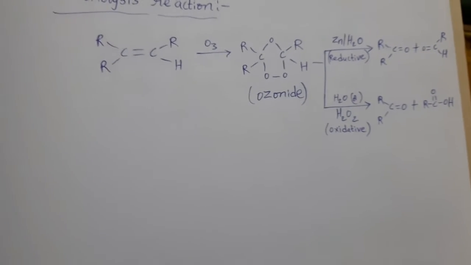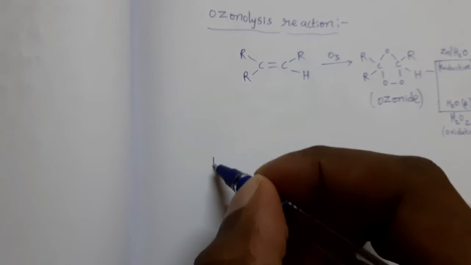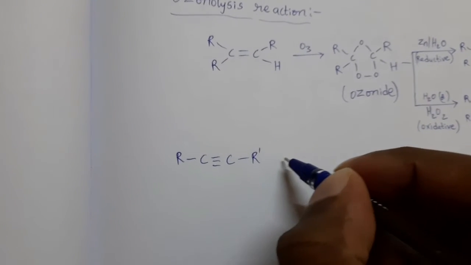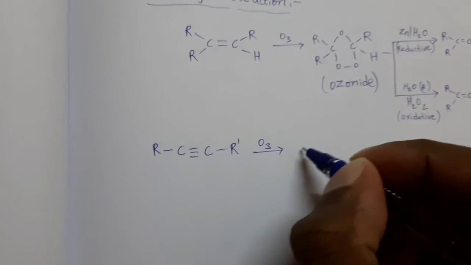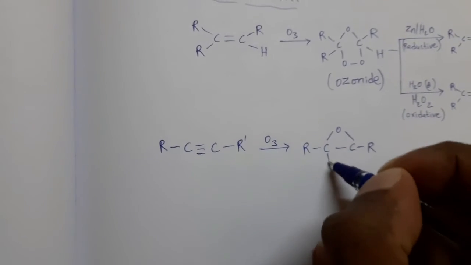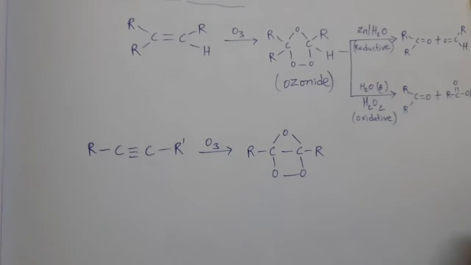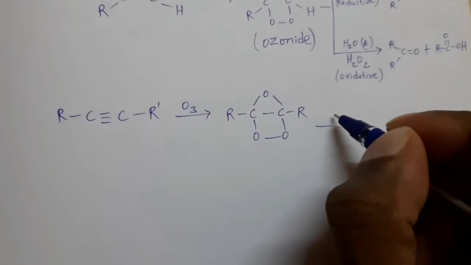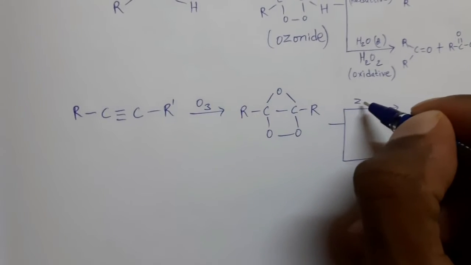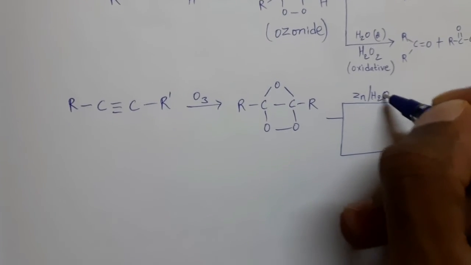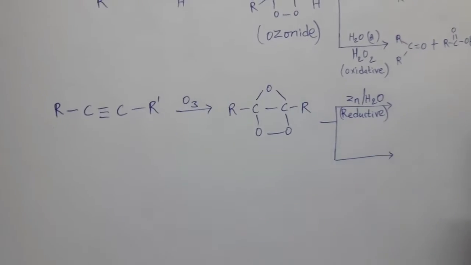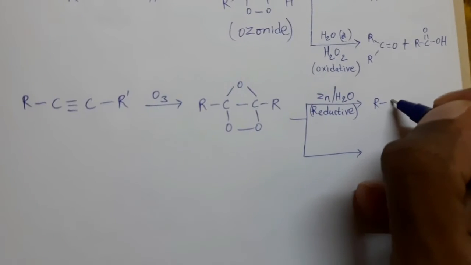Now come to the alkynes. The alkyne general formula is R, C triple bond C, R dash. Treated with ozone, then we can get ozonides. This ozonide undergoes the same two, oxidative ozonolysis and reductive ozonolysis. Reductive ozonolysis, zinc and water. Then we can get ketones, diketones.